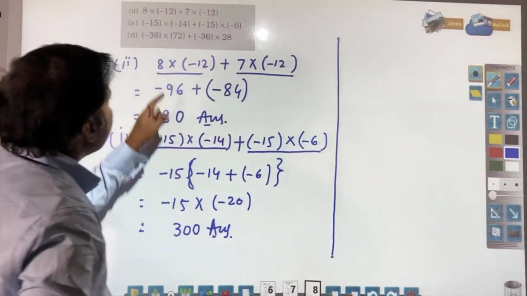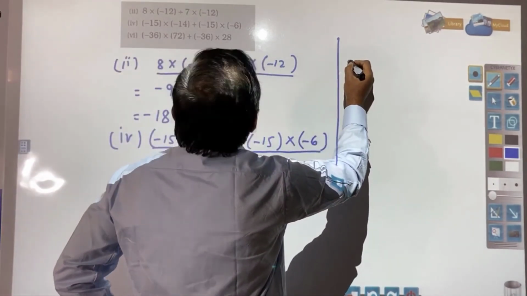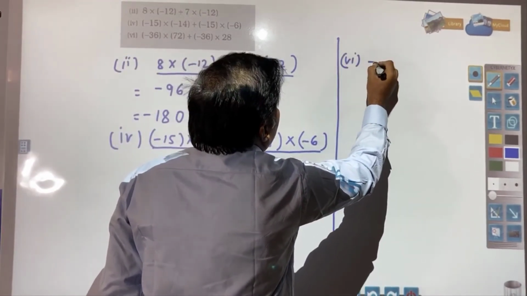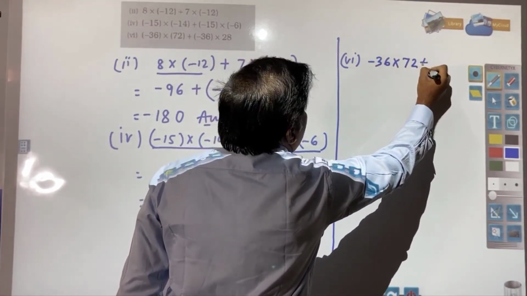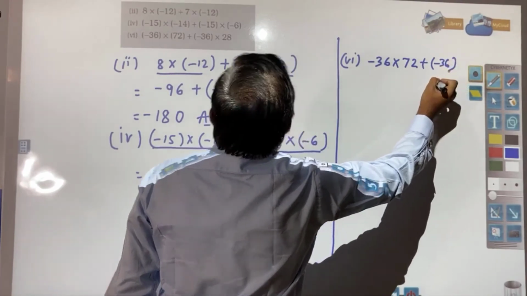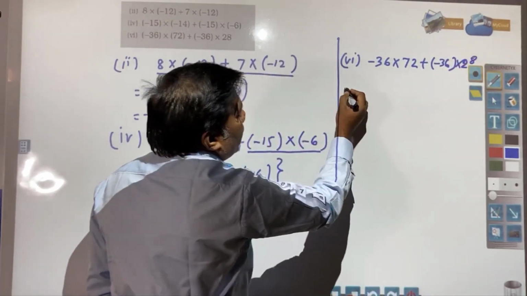Next you see, minus 36 into 72 plus minus 36 into 28. The same thing is required to be done over here also.